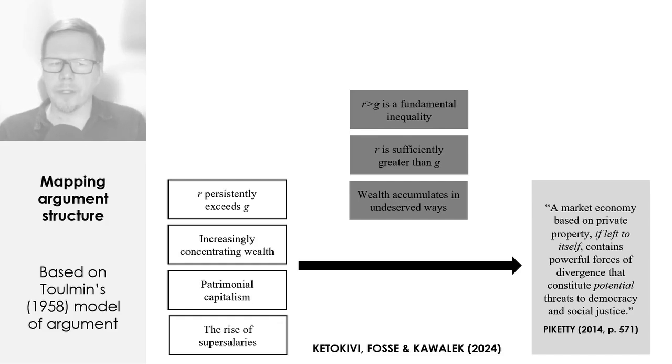And also, while the question whether R persistently exceeds G is an empirical question, the question is R sufficiently greater than G. That's no longer an empirical question, or it could be turned into one. But Piketty doesn't treat this as an empirical question. He seems to assume that R is sufficiently greater than G.